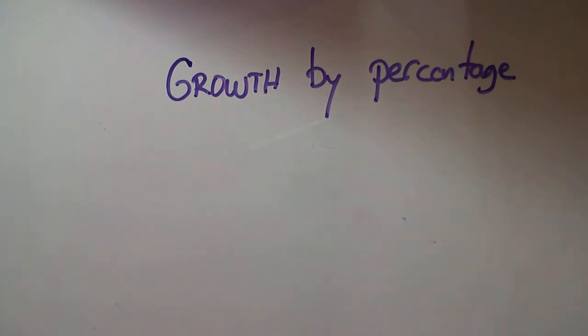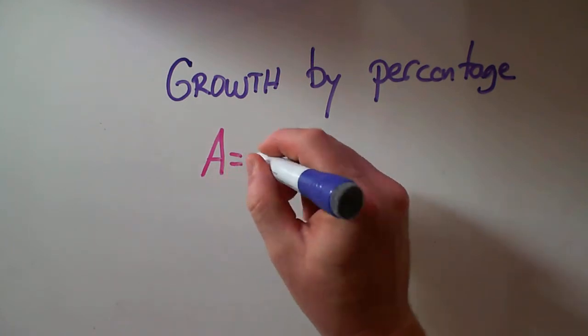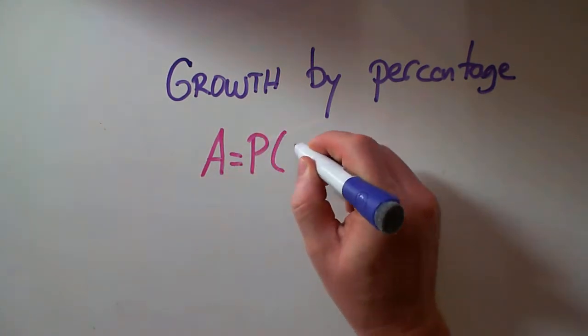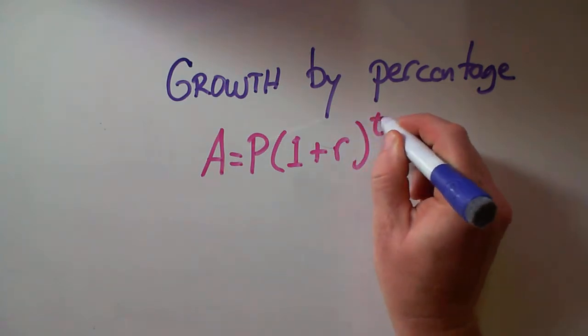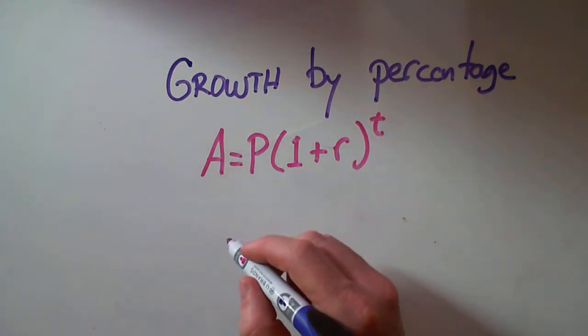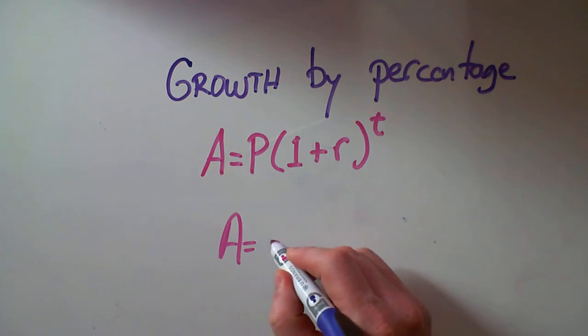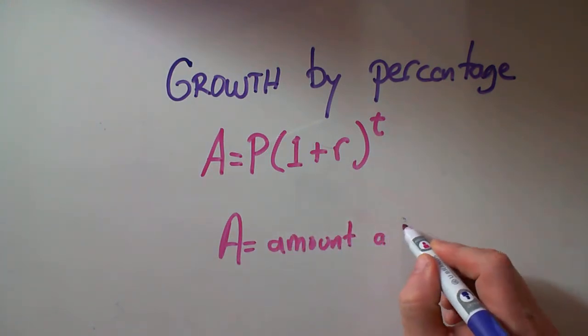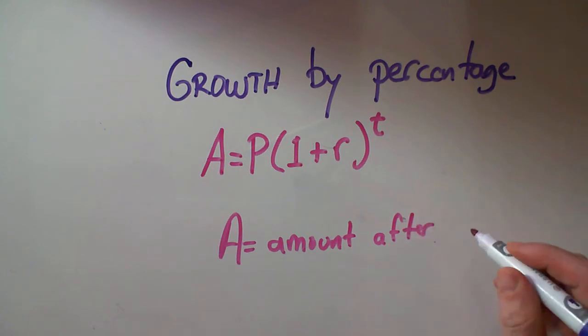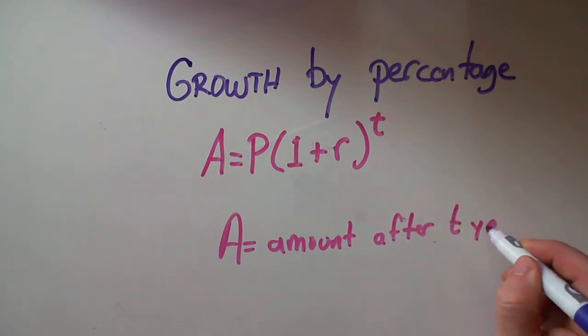The formula for growth by percentage is A equals P times (1 plus R) to the T power. A is going to be the amount after T years.